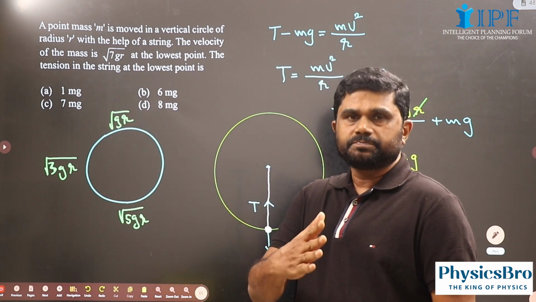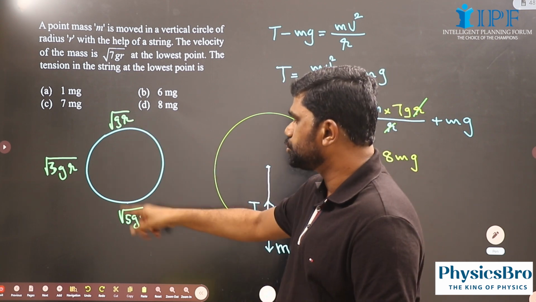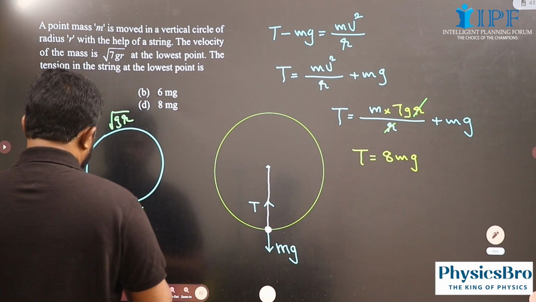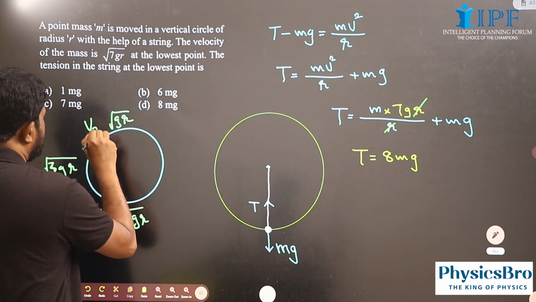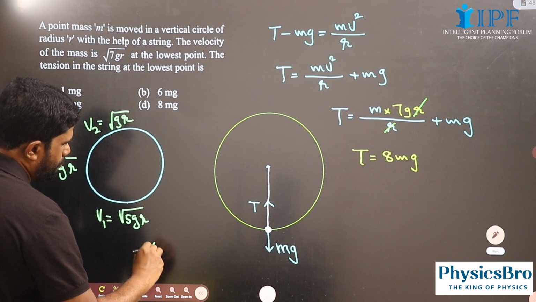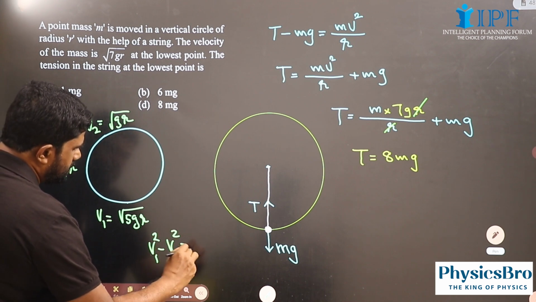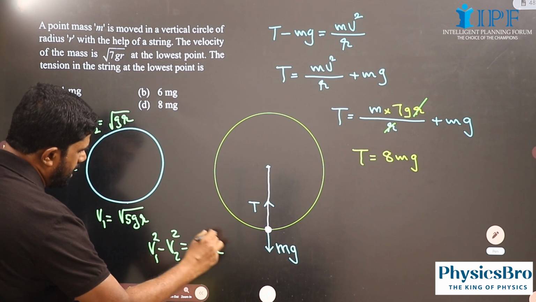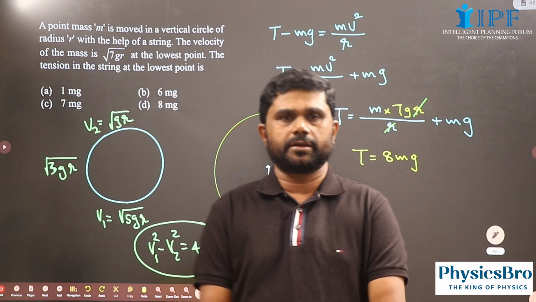Now see the difference between these two. Say this is velocity v1, and say this velocity is v2. Then v1 square minus v2 square is equal to 4 gr. This is always true. It is unconditional.